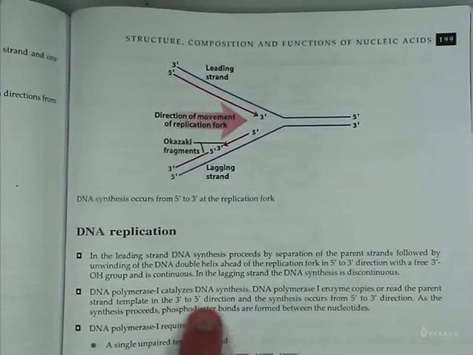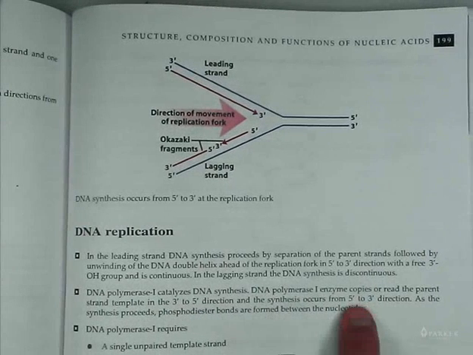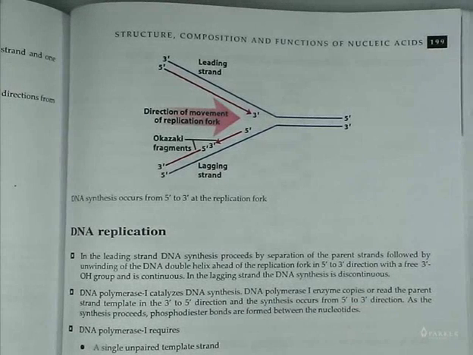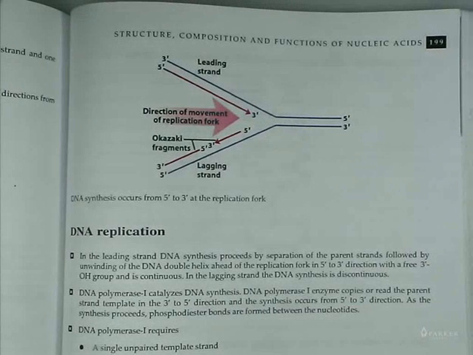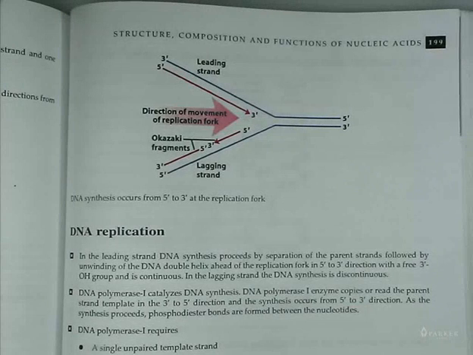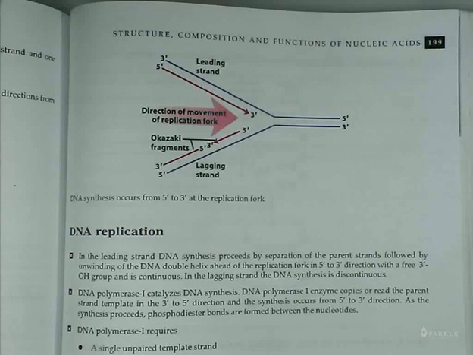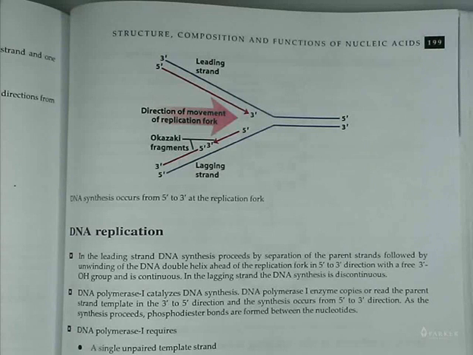It reads the parent strand in the 3' to 5' direction, and the synthesis goes in the 5' to 3' direction. Typical DNA, we read it 5 to 3, and it replicates 5 to 3. But the thing that's doing the replication, making the new strand, is reading it from 3 to 5. That's the only one that's 3 to 5.